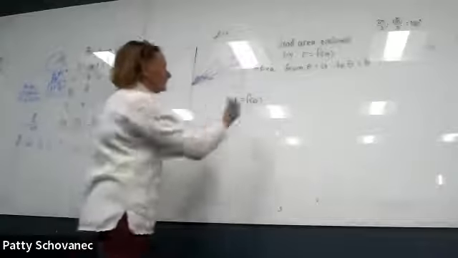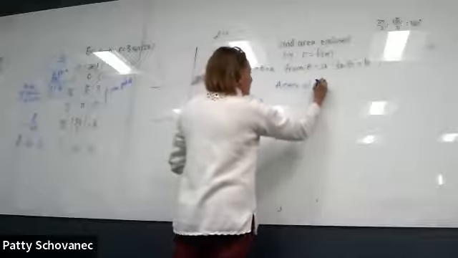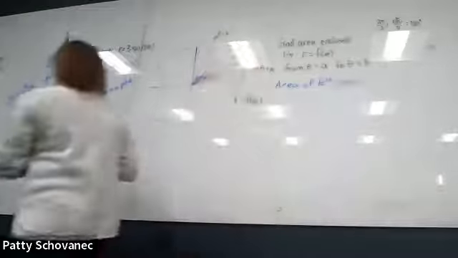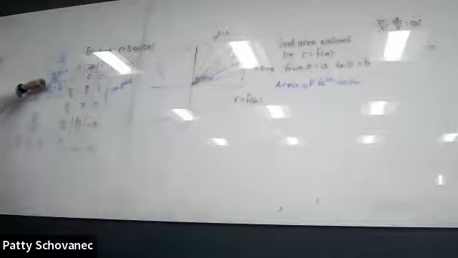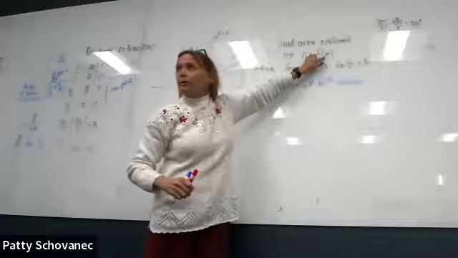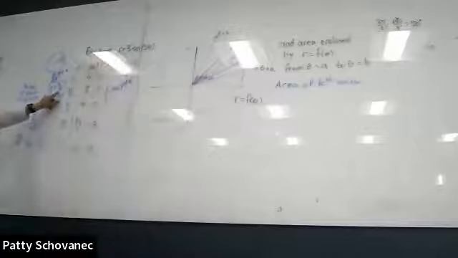So I'm going to find the area of the kth sector using this: 1/2, whichever r I wanted, so I wanted the kth one. I'm going to use delta theta k here. So f of theta k times delta theta.